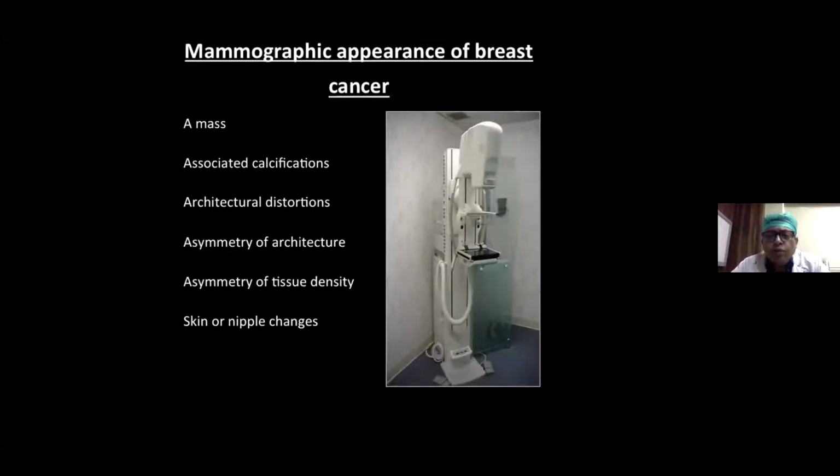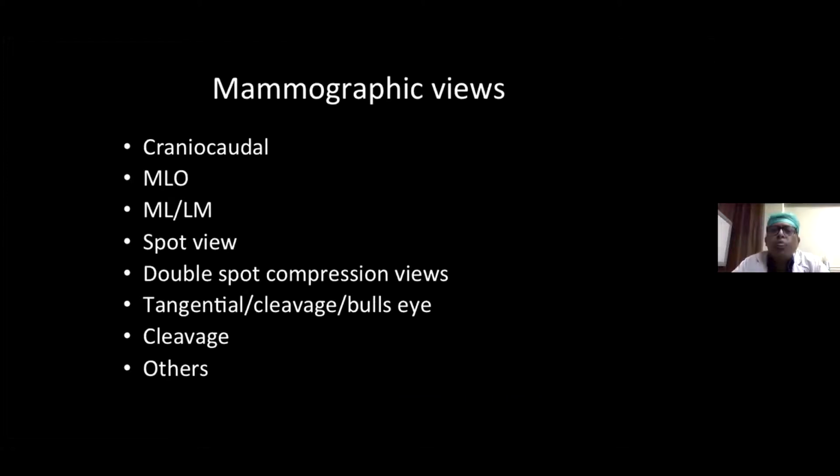Before we go in, we need to understand the basic fact that in mammogram, a mass with associated microcalcification, with architectural distortion, with asymmetry of architecture and density and skin and nipple changes are what are classically malignant lesions. And we have a large number of views. We would commonly resort to the craniocaudal or the mediolateral oblique views.